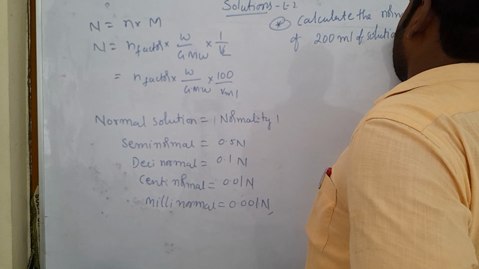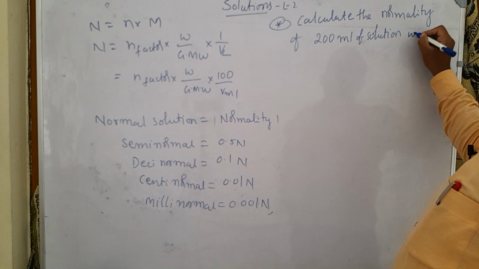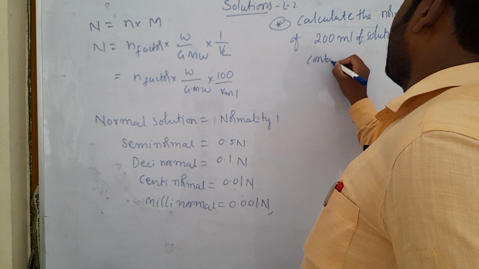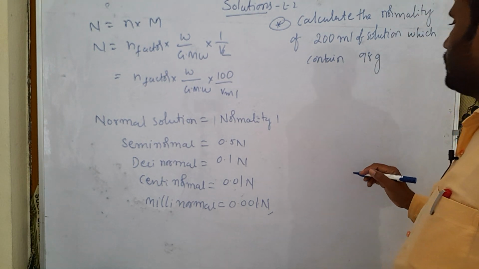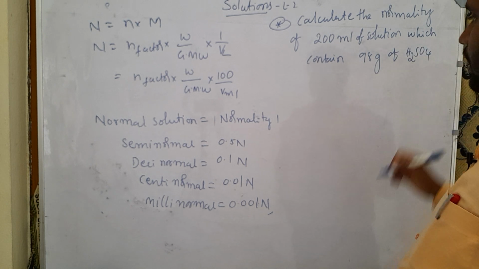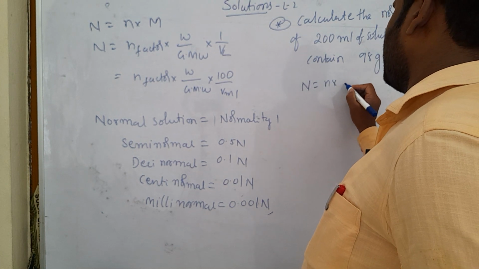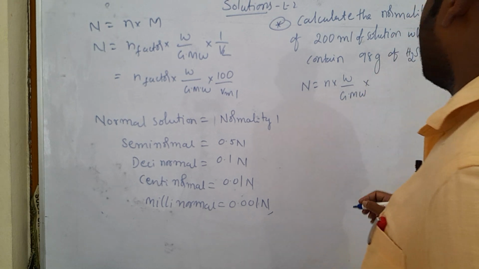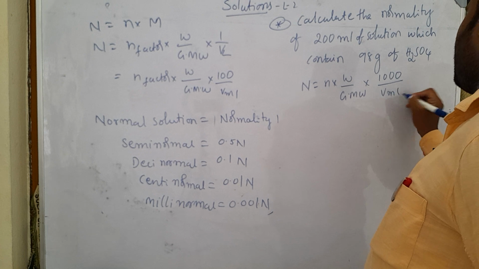Calculate the normality of 200 ml of solution which contains 98 grams of H2SO4, sulfuric acid. Normality is equal to N factor into weight by gram molecular weight into 1000 by V in ml, since the volume is given in ml.